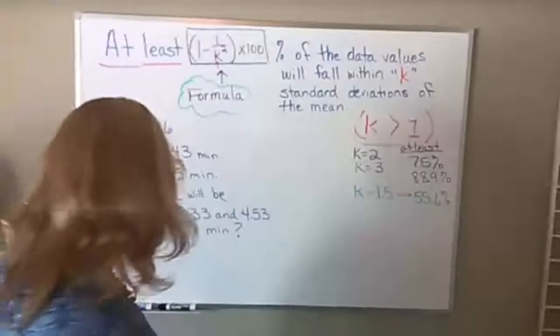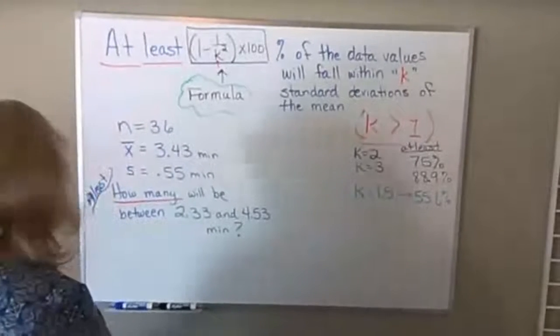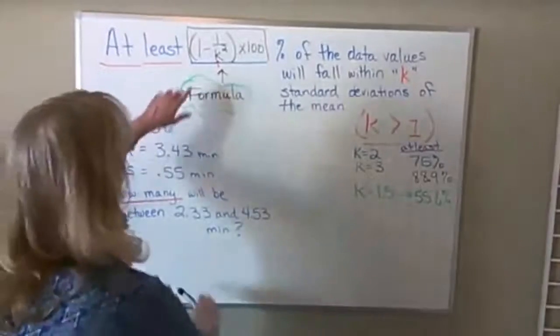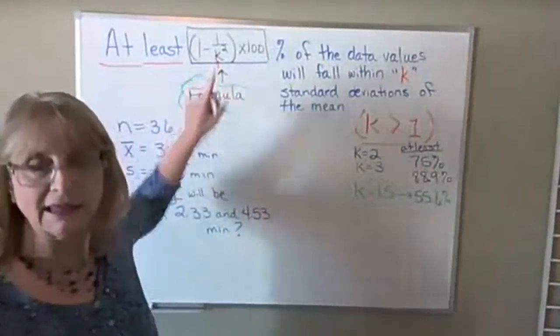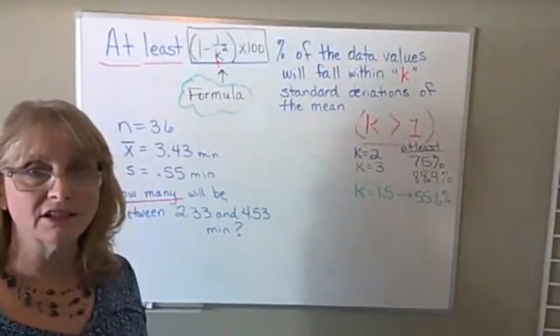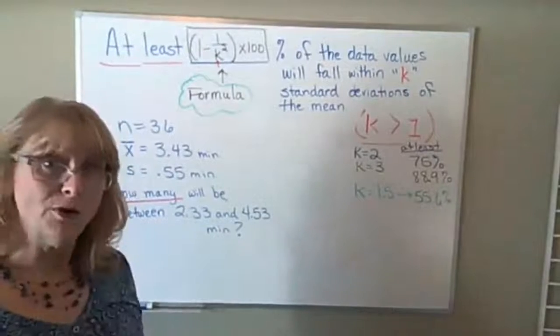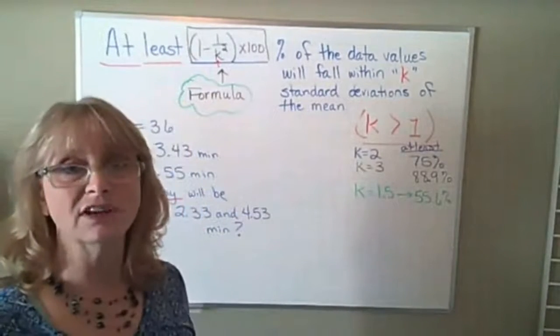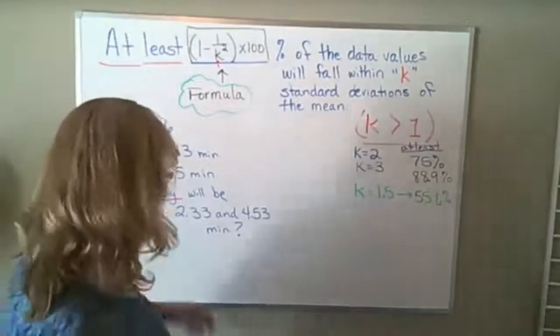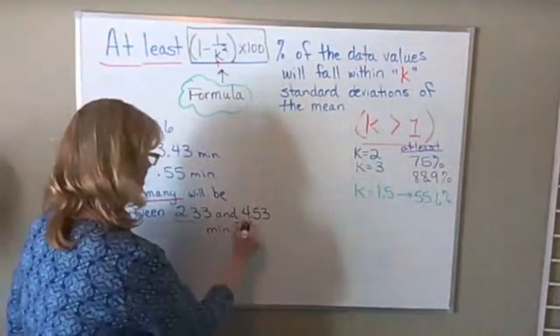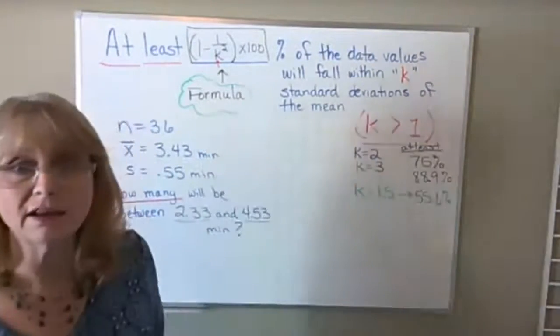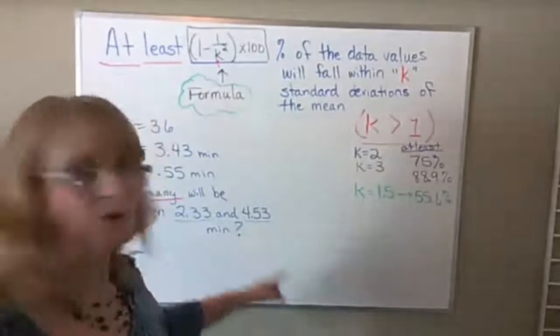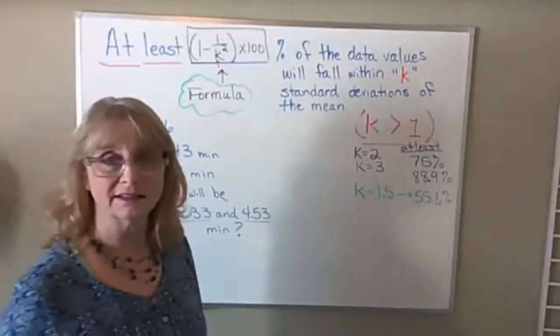So let's go back to what Chebyshev's theorem says. Remember, it gave us this formula that gives us an at least percentage. But to use that formula, we have to know what K is. And K is the number of standard deviations from the mean. They didn't give us the number of standard deviations. All they said is they wanted it between 2.33 and 4.53 minutes.